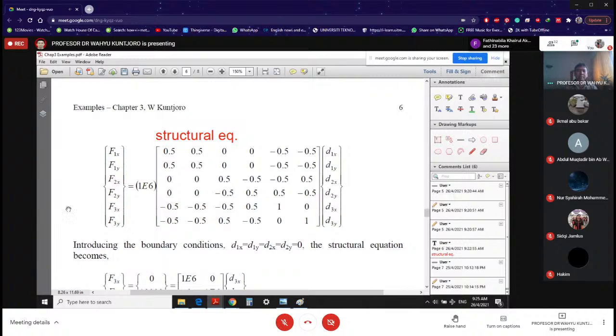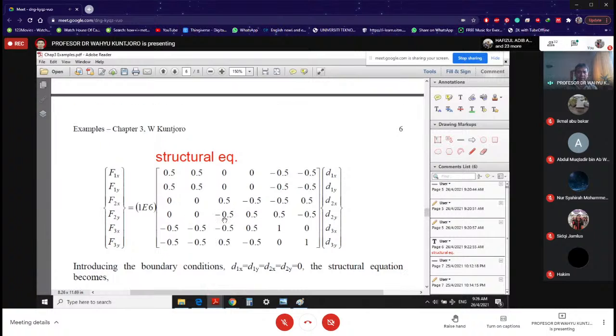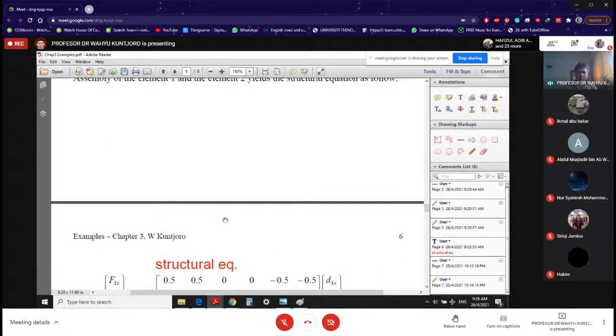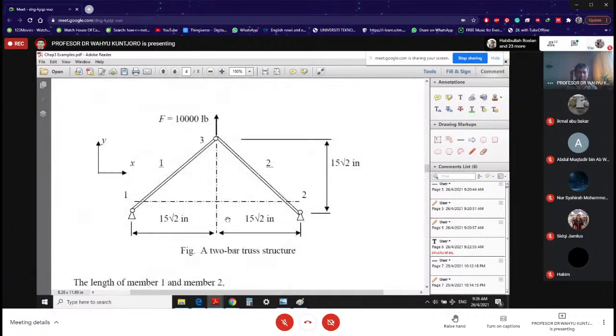So now it is external force. This is external force: F1x, F1y, F2x, F2y, F3x, F3y. So now let's look at our structure, our model. F1x, F1y, these are the reactions. Then they are unknown variables.